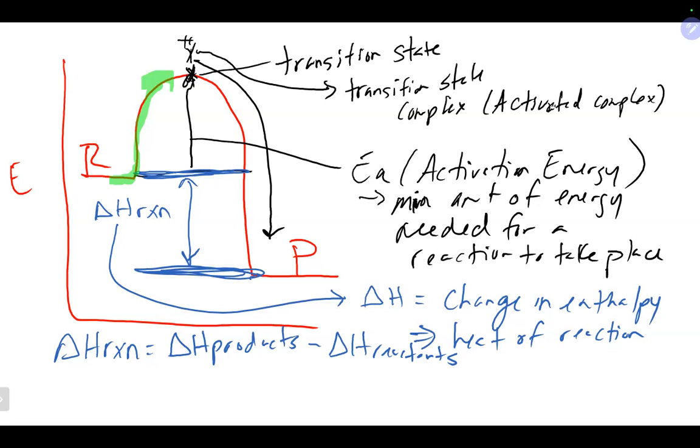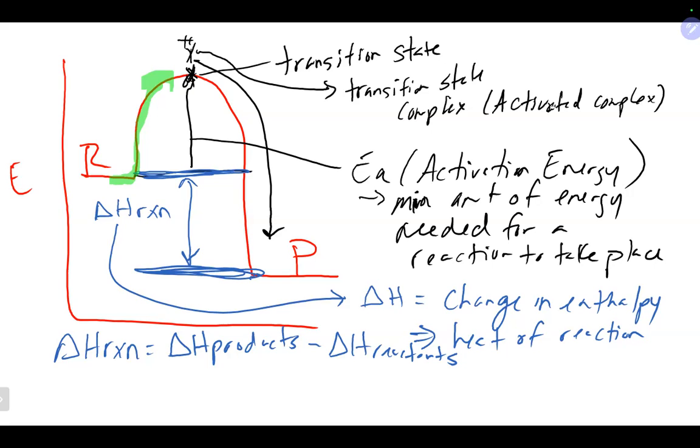Although we don't really have numbers here, we could just imagine that the energy of our products will be a larger or smaller number than the energy of the reactants. If this was like a scale, this would say 2, then we'll go 3 and then 4. Say our products are at 2, lower energy than our reactants, which started at 4.